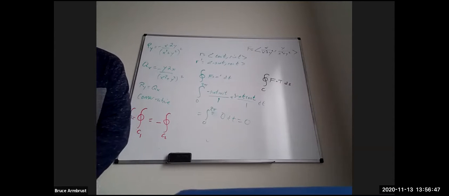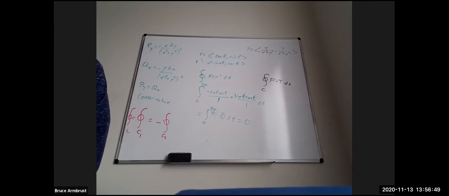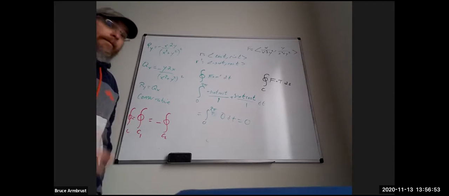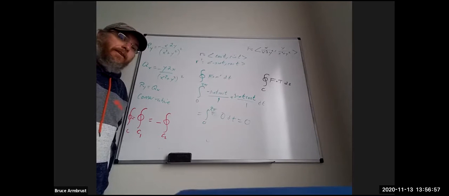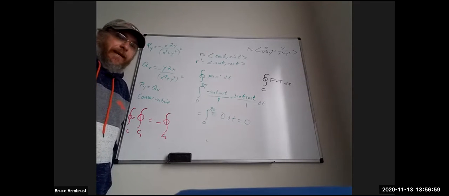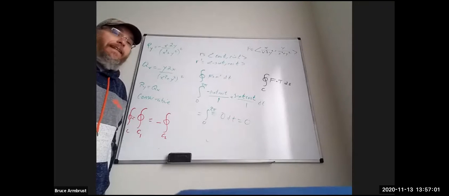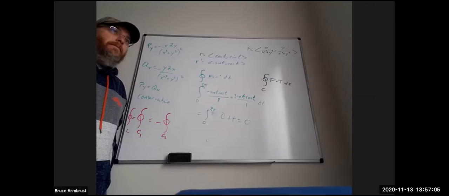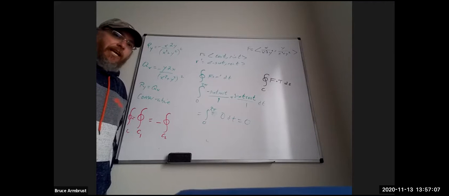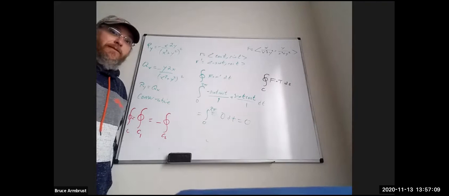Okay, so Victor, you just said we can let the inside surface be anything that includes the point. That's the problem. Yeah, we could have made that curve a square. We could have made it a triangle. We could have made it an ellipse. We could have made it anything we wanted. But we want it to be a shape that's easy to parameterize so that we can do the line integral.